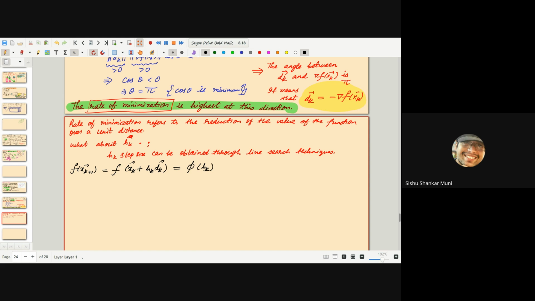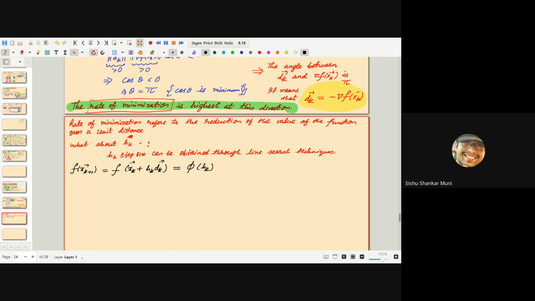But hk we have not established. So therefore we want to know what step size we can vary so that the function can reach the optimum value. Right? So therefore this f of xk plus 1 is equal to f of xk plus hk dk. We can consider it as another function phi which depends only on hk, the step size. Okay.